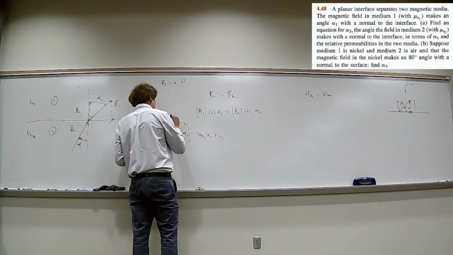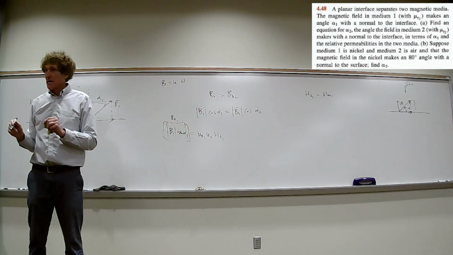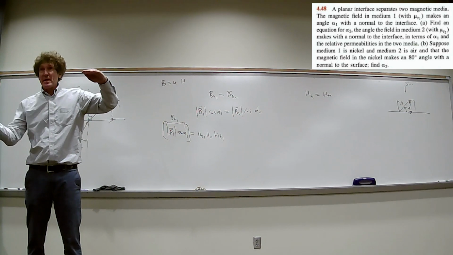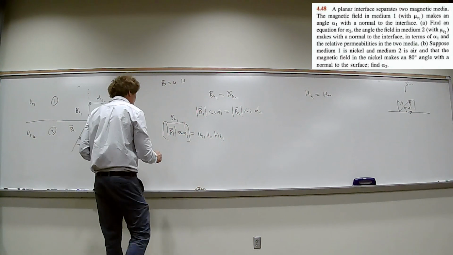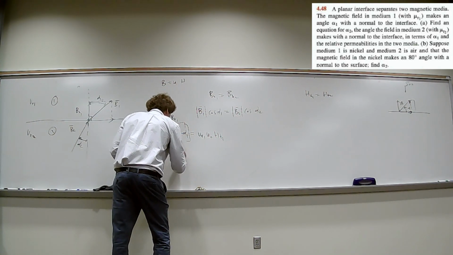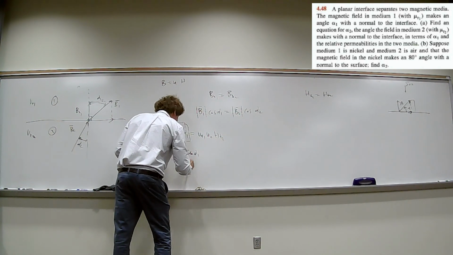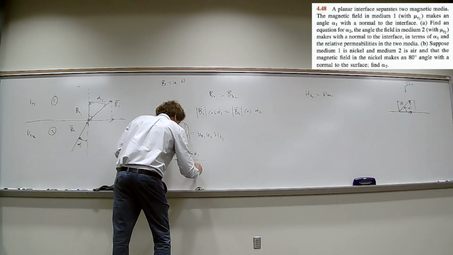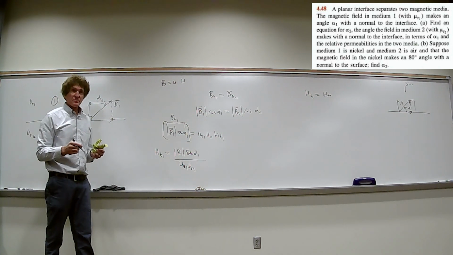This component right here is B tangent in region 1. Everybody agree with that? Take a moment. I find the tangent component of the B field. Because B and H are related by mu, I find the tangent component of the H field. I'll write it down formally. So I have H tan in region 1 equals magnitude of B1 sine of alpha 1, over mu relative 1, mu 0. Does everybody agree with that? I'm just going through the motions.